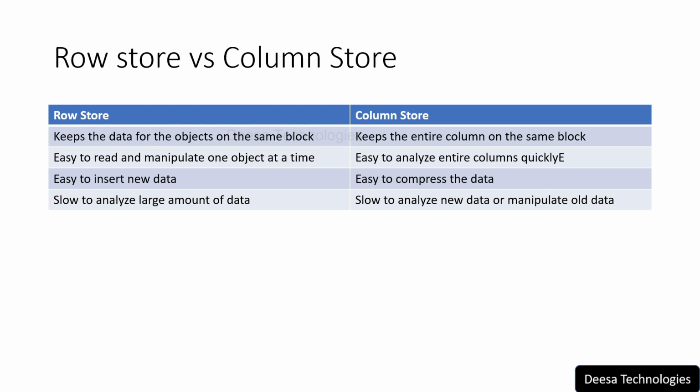Row storage is slow to analyze a large amount of data; it's not meant for that, it is transactional. Column storage is meant for analytical purposes, so it is slow to insert new data or manipulate old data. So this is the difference between the features of row storage and column storage.